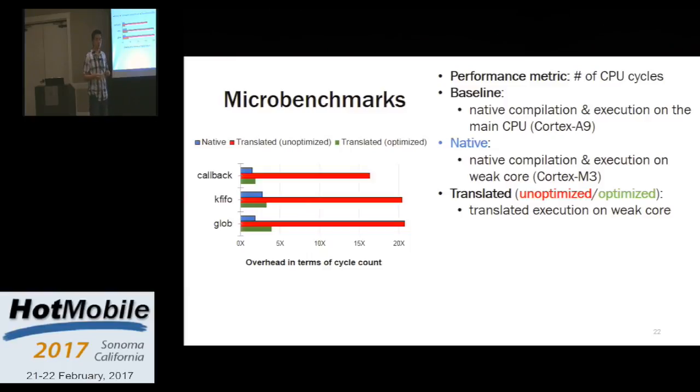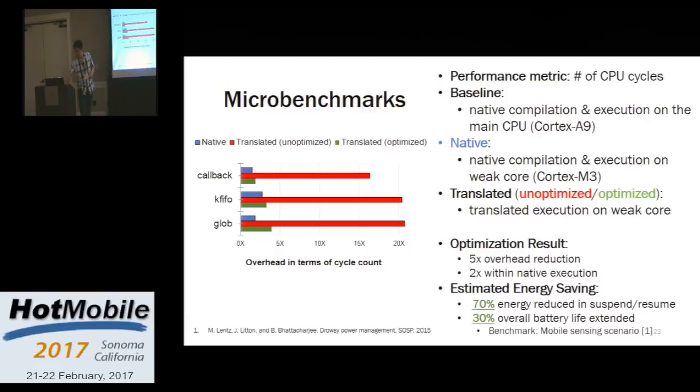Besides that, we also do the binary translation on the same functions in 2 different versions: one unoptimized, one optimized. As you can see from the graph, compared to the unoptimized version, we achieve a 5x overhead reduction. And compared with native execution, we sit within 2x of the native execution, which is pretty good.